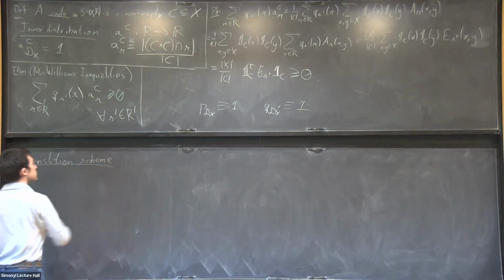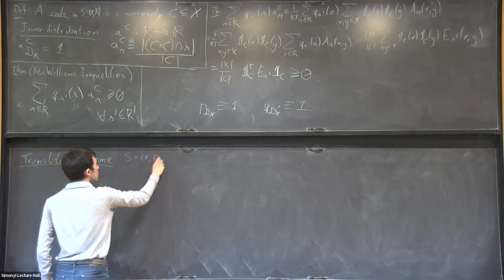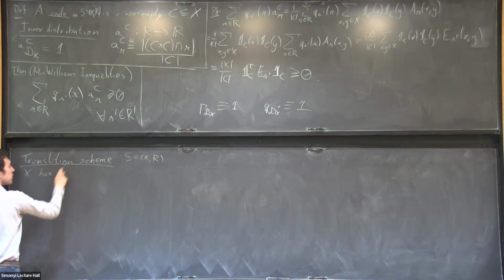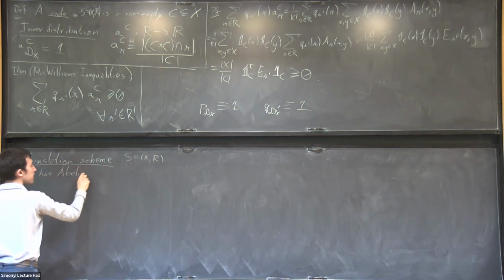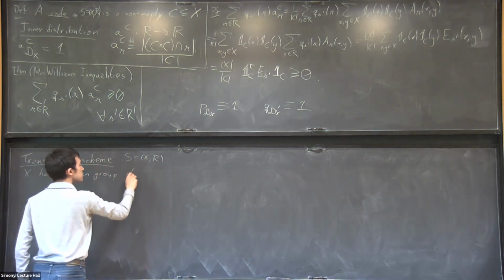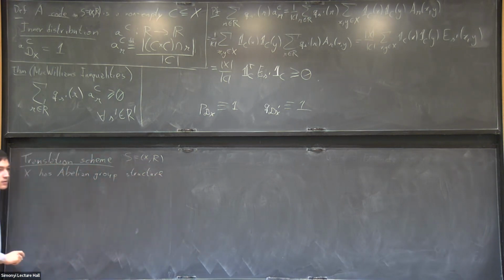So what is a translation scheme? Well, it's a scheme, but X has an abelian group structure. This is an abelian group. You put a structure on top of X. It's not just a set.